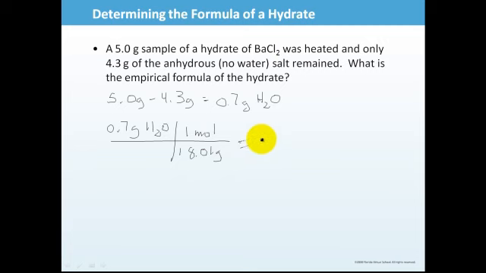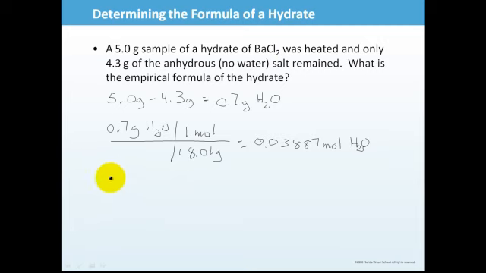Alright, and that's going to give us 0.038887. And I always suggest when you're doing empirical formula problems to go ahead and carry it out a few extra digits at this point. That way you'll be sure to get the correct ratio when you go to do the division here in a moment. Okay, so that's the water.